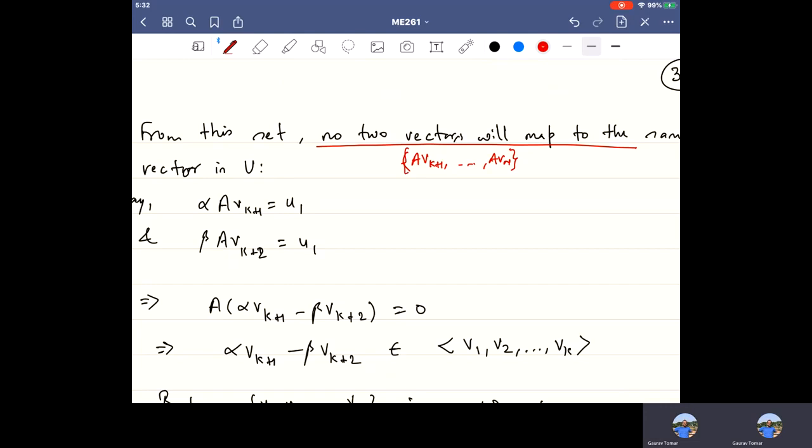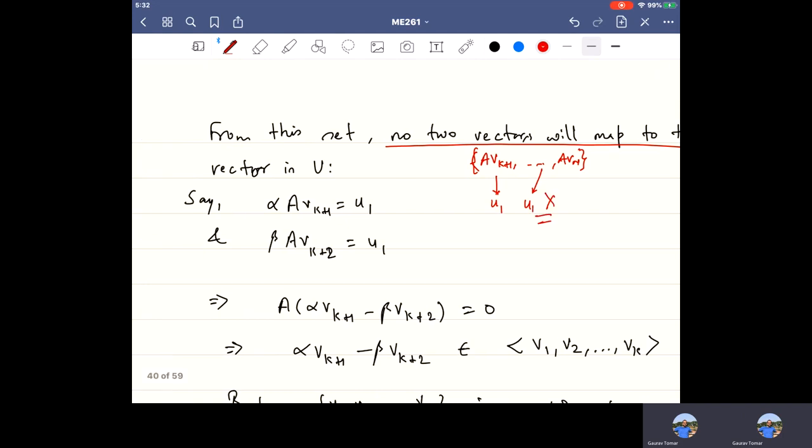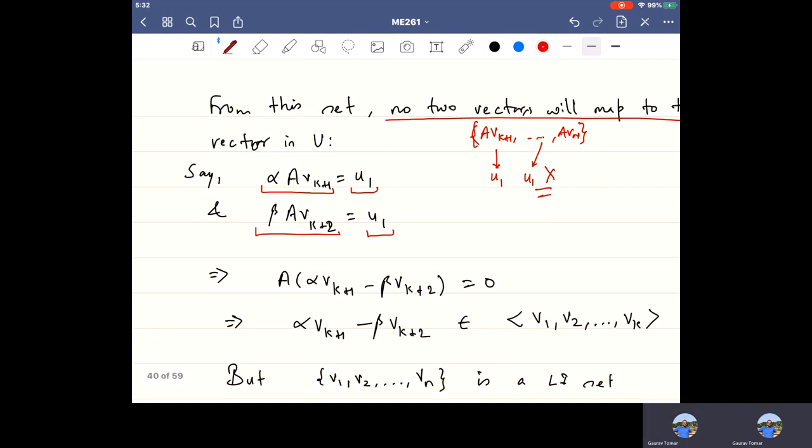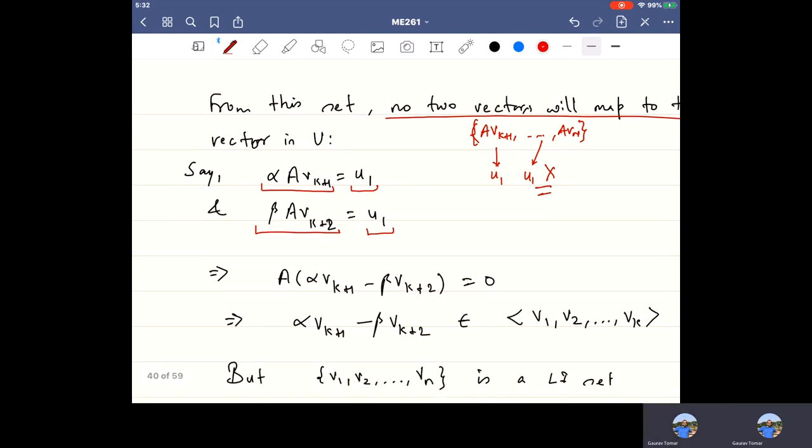So none of them would be something like this gets mapped to, let's say, u1, and then there is another vector which gets mapped to u1. This will not happen. To show this, let's prove this by contradiction. Let's say alpha times v k plus 1 is getting mapped to some u1, and beta times v k plus 2 is getting mapped to u1. Let's say two vectors getting mapped to the same vector in U.